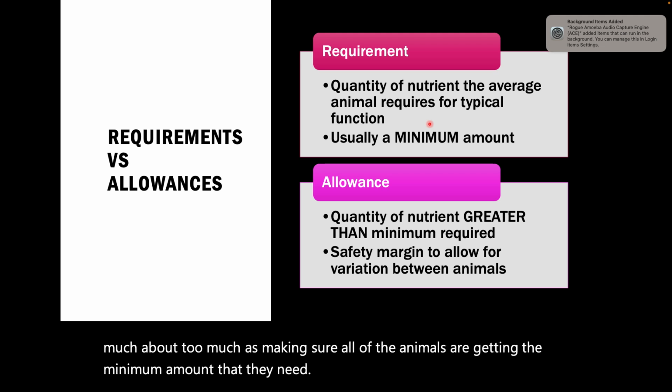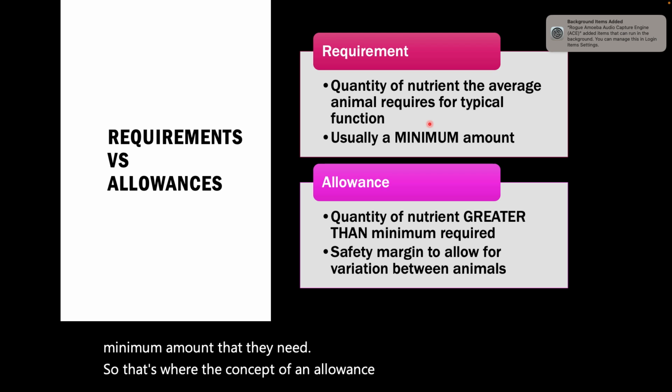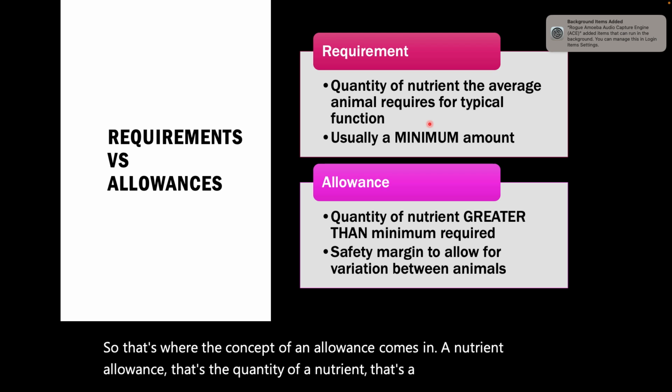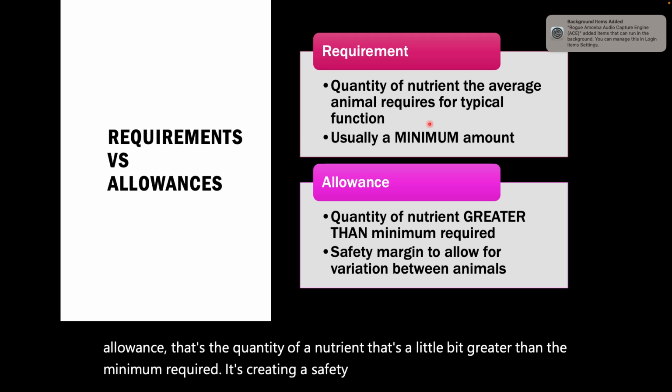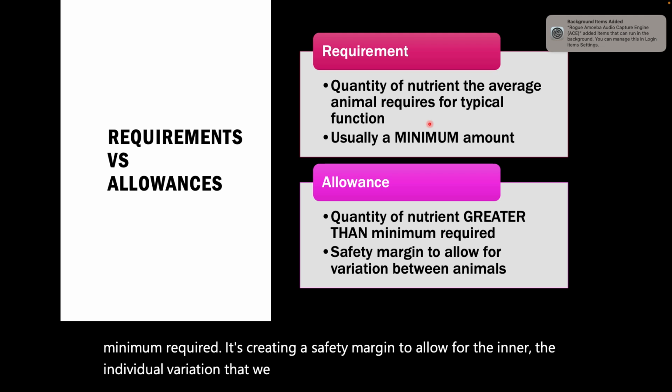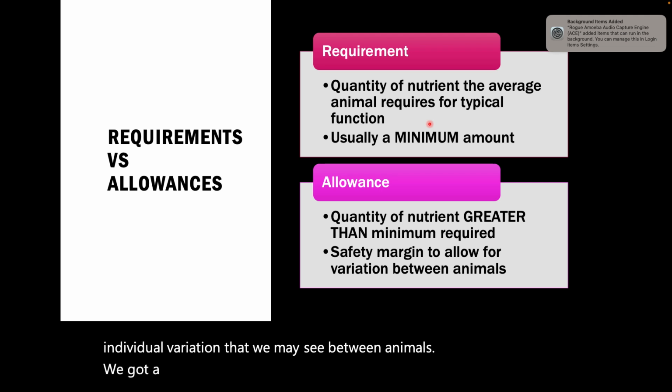So that's where the concept of an allowance comes in, a nutrient allowance. That's the quantity of a nutrient that's a little bit greater than the minimum required. It's creating a safety margin to allow for the individual variation that we may see between animals. We've got a graphic to help visualize how these work, coming up in a slide or two.